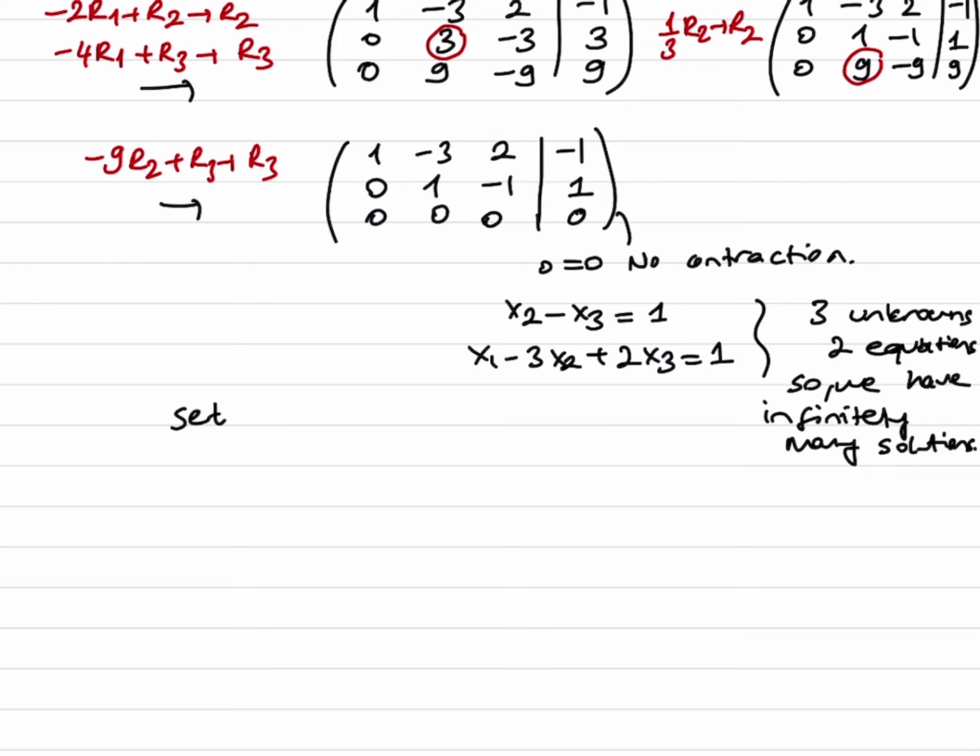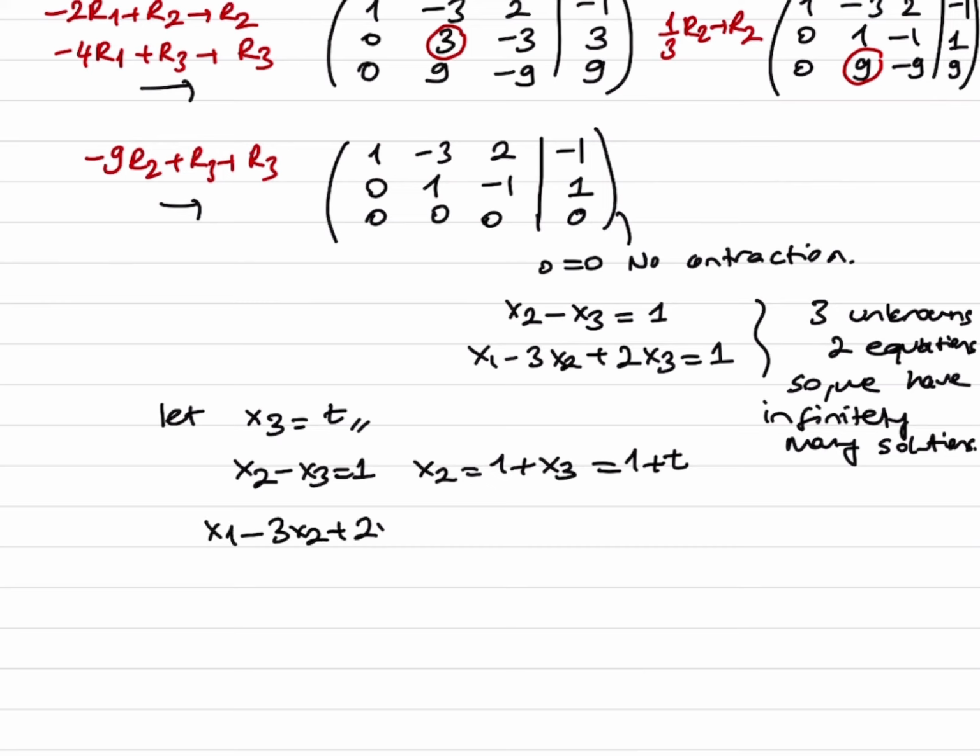And then, how can we write the solution set? Let x3 be t, then what is x2? x2 minus x3 is equal to 1, so x2 is equal to 1 plus x3, which is 1 plus t, right? So we can write everything in terms of t or x3. What about x1? x1 minus 3x2 plus 2x3 is equal to 1. So this was t, and this was 1 plus t.